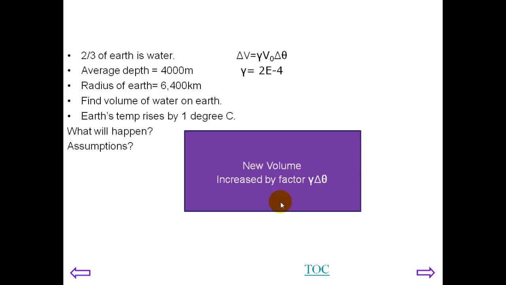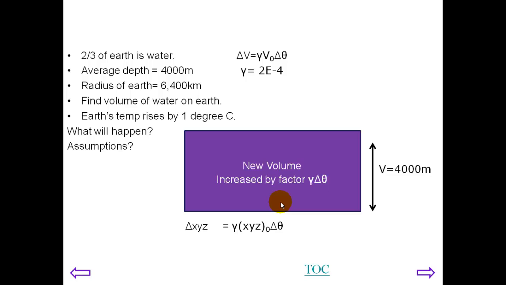So this is the equation delta V is equal to gamma V naught delta theta, where gamma is 2 times 10 to the minus 4. The original height is 4,000 meters. Let's just treat the volume as a cuboid, x, y, z, where y is the height.